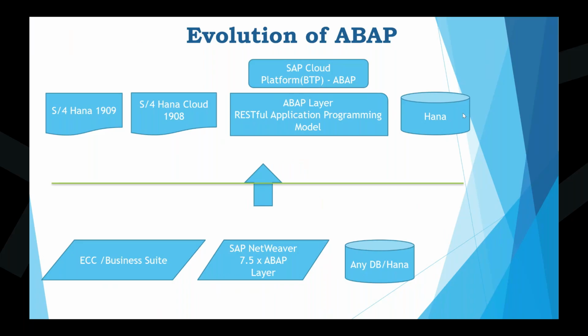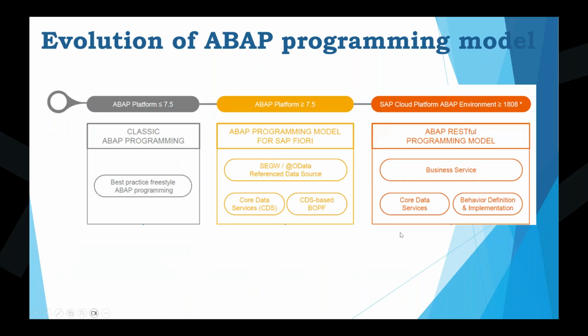Okay, so now coming back to the next: what evolutions of the ABAP programming model have come? If your SAP system is less than or equal to 7.5, it is classical programming, where you used to do user exits, BAdIs, and so on. If your ABAP platform is greater than or equal to 7.5, then we can develop SEGW OData and CDS, and CDS-based BOPF will come.